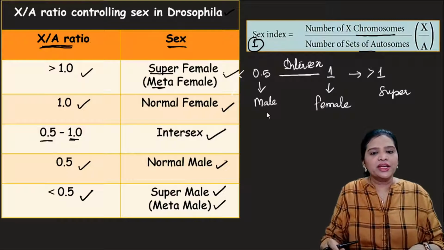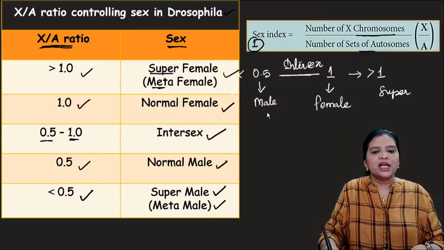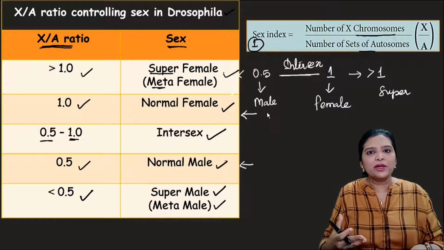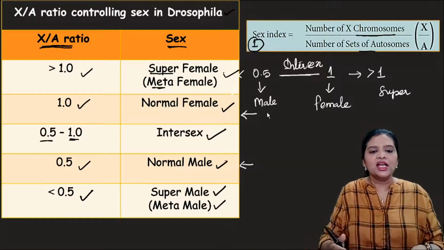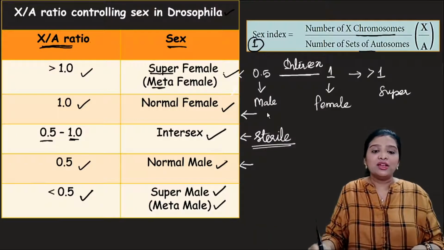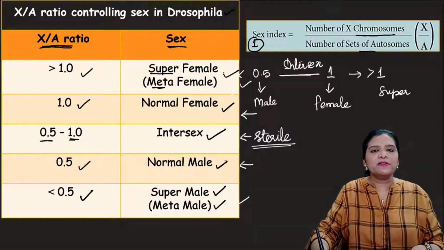Okay. So here you must understand something. The normal female and the normal male only produce good offspring. Intersex means they are in between male and female, so they will not produce offspring. They will be sterile. That means they are not fertile. Got it? And what do you mean by super male and super female?